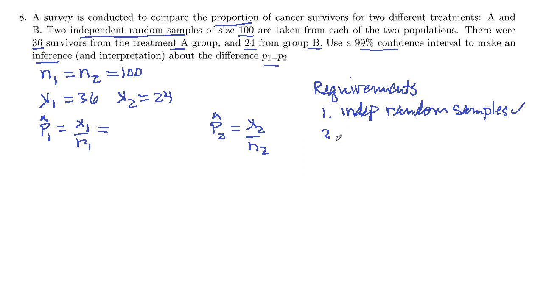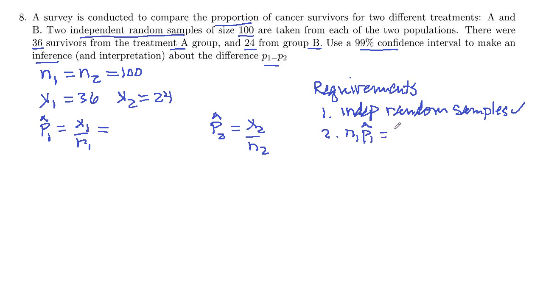Secondly, we need N1 P1, or in this case, P1 hat, to be greater than or equal to 15.